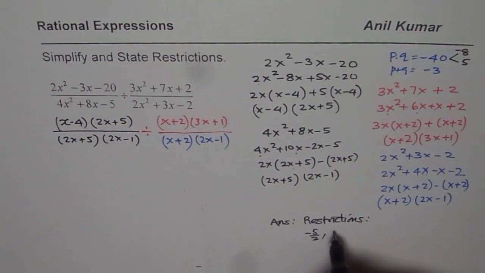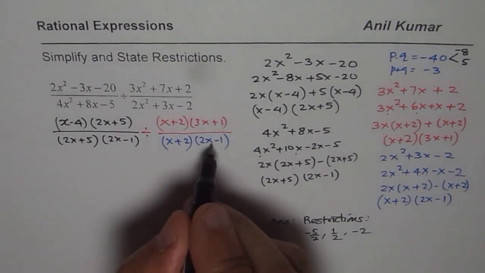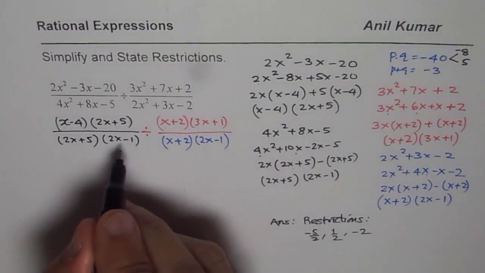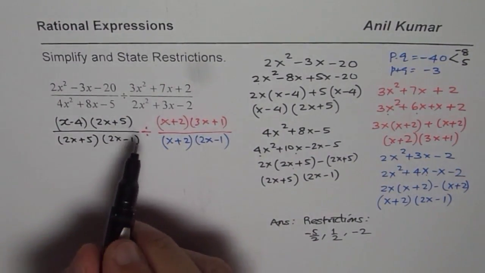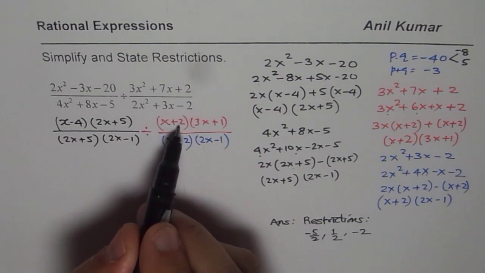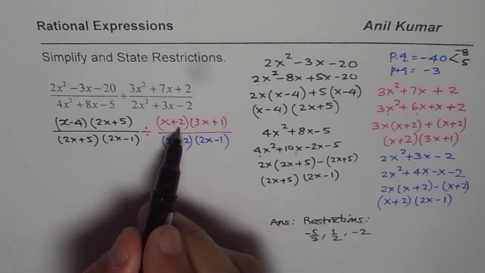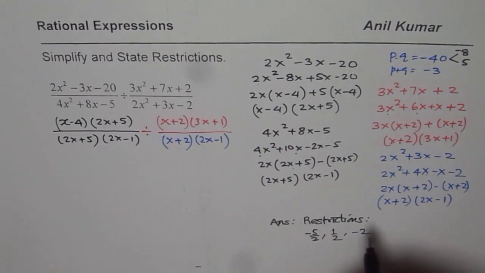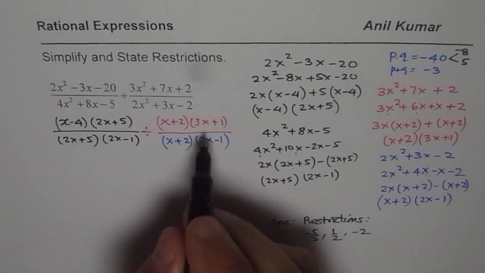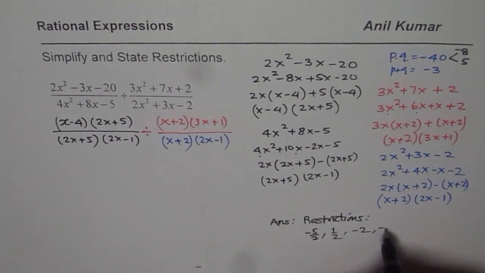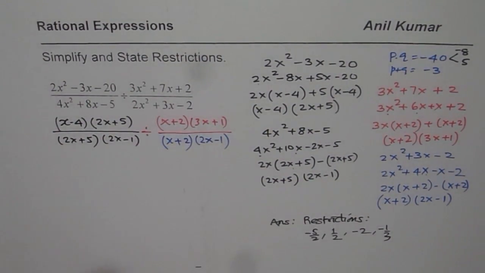The second one is half. Here we have minus 2. Then we have plus half. These two are the same, so we don't have to write them. Remember, this is division, so you have to also consider the numerator, because in the next statement we have to flip and write. So we'll write minus 2, which is already there, and minus 1 over 3. So these are all the restrictions for this, correct?